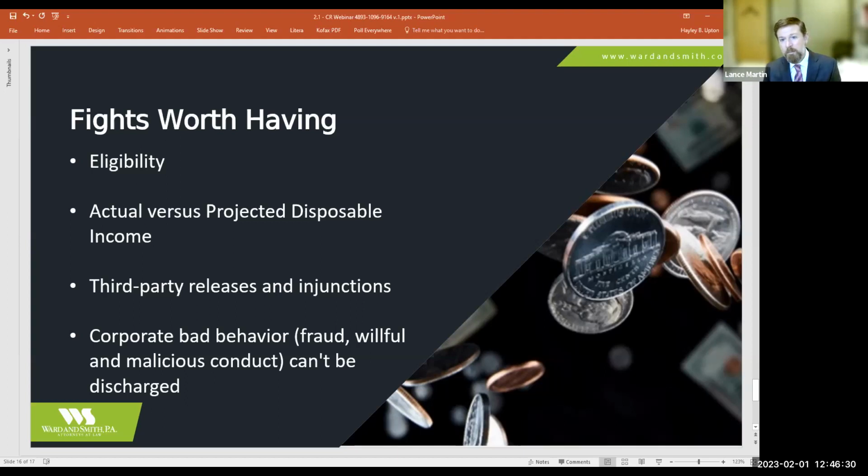The courts will, as long as you catch it and object to it. And some of the more scrupulous debtors' attorneys will kind of throw their hands up sheepishly and say, yeah, you caught me, I will take it out of the plan before we go to confirmation.